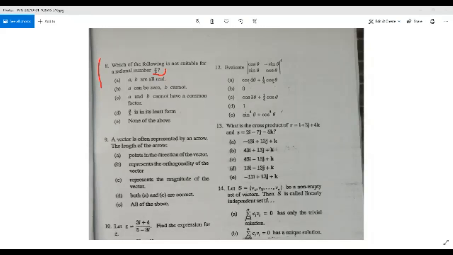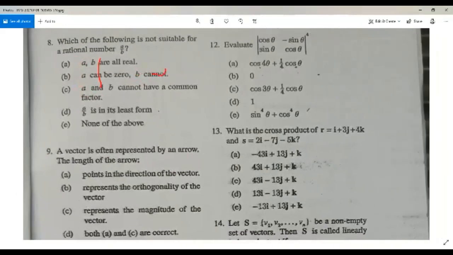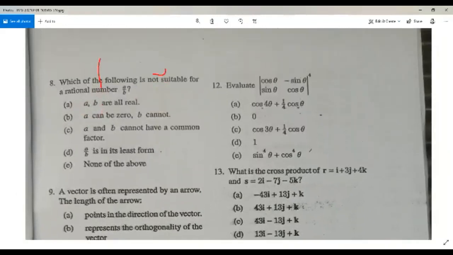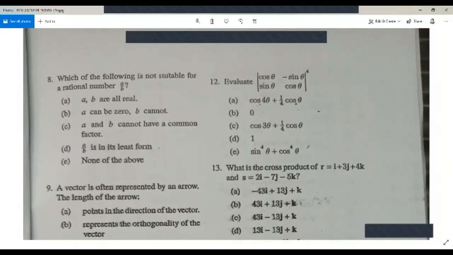Is it clear for you, or should I expand it? Expand it a bit. Okay. Is it okay now? Yeah, it's okay now. Are you able to read it? Yeah, I can read it now.